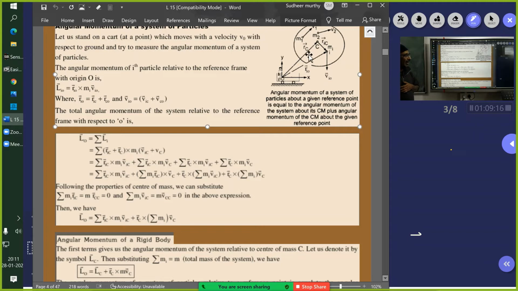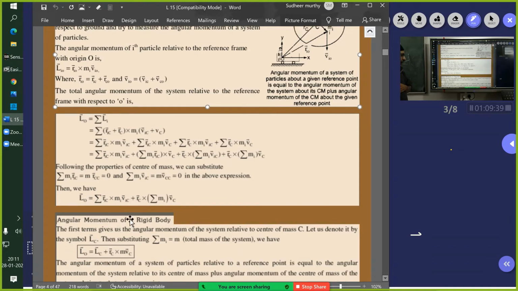Earlier we have designated this as R bar P slash O cross M into V C slash O. So that is redesignated like this, and that becomes this term.